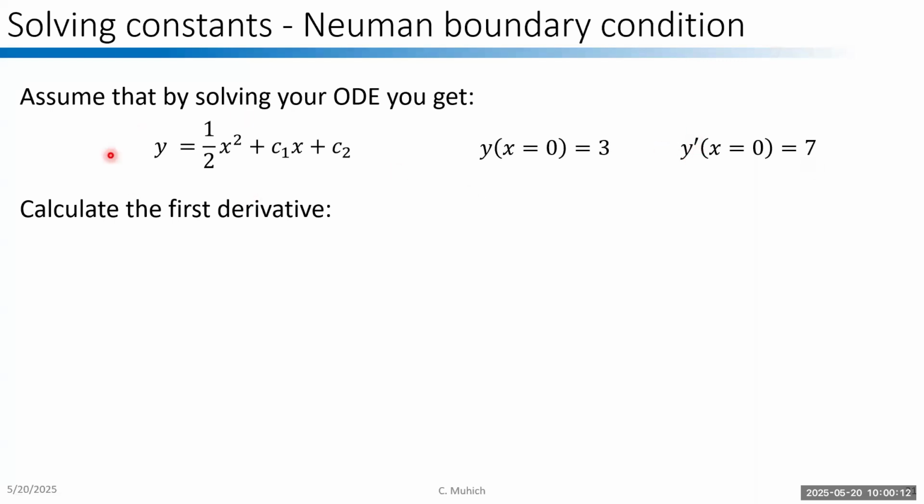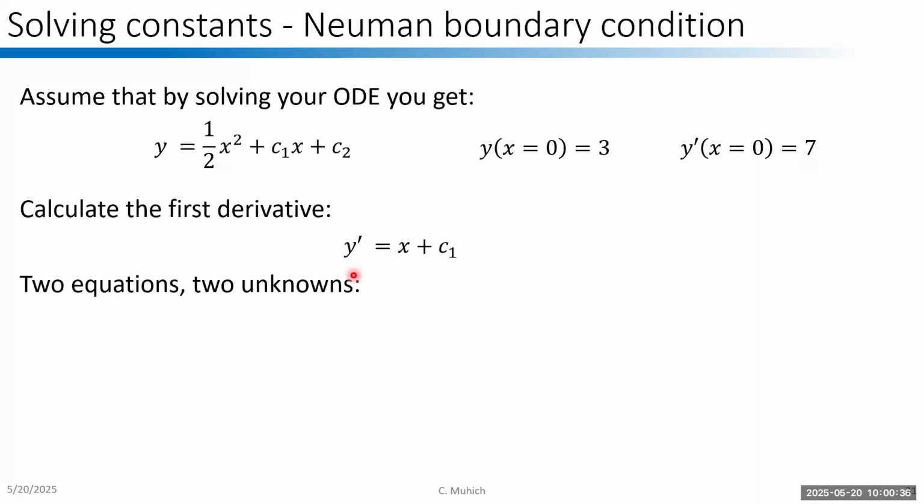Well, I can take the first derivative of y. I take the derivative of this piece, and that's just x. I take the derivative of c1x, that's just c1. And the derivative of c2 is 0. So this gives me the derivative of y is x plus c1.